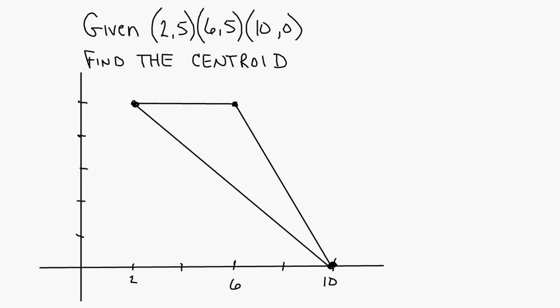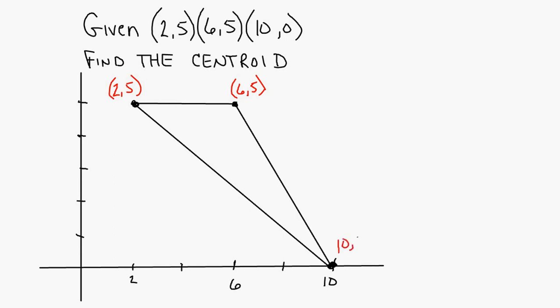Now, once you connect them, you have to find the median, or the middle of a side. So if this is the 2, 5 and this was the 6, 5, do you guys remember how to find the midpoint of a segment? You find the average of the coordinates.